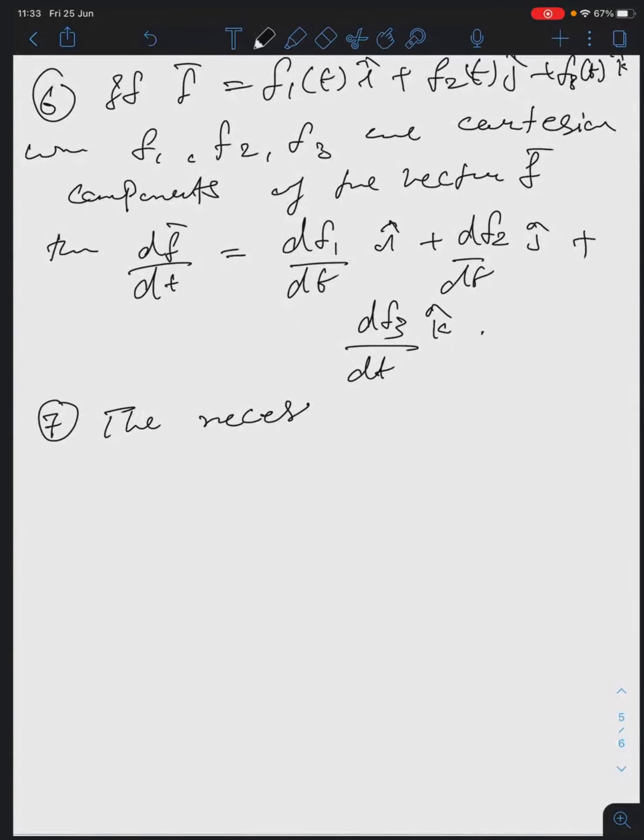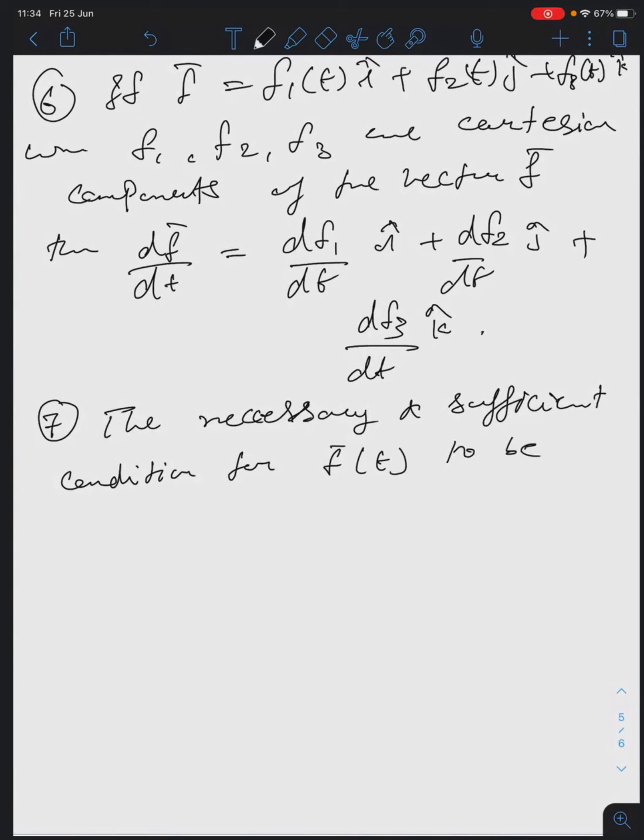The necessary and sufficient condition for f bar t to be a constant vector function is df bar by dt must be equal to 0 bar.